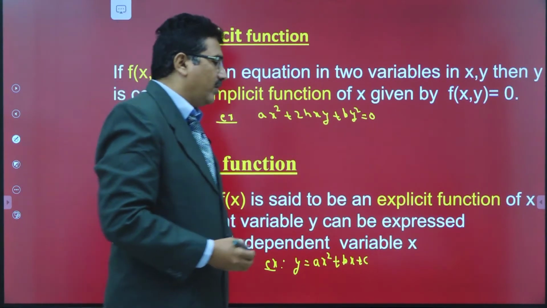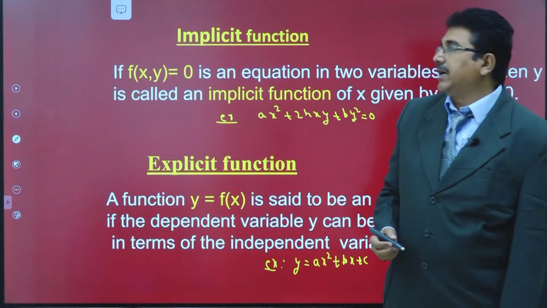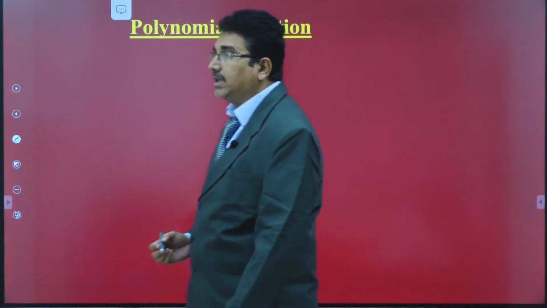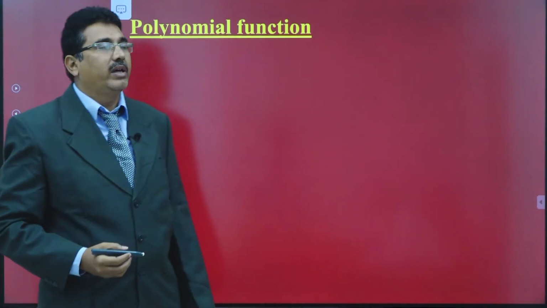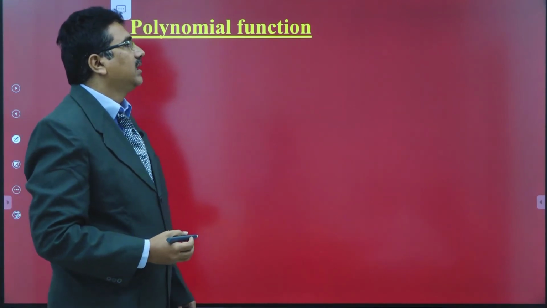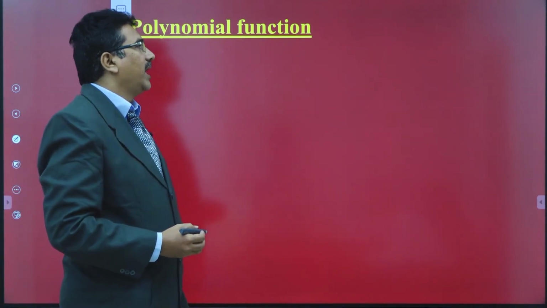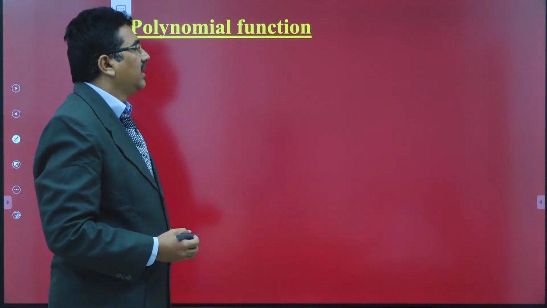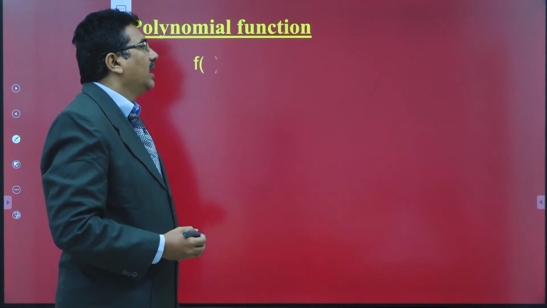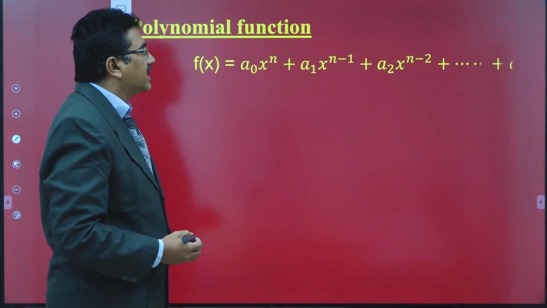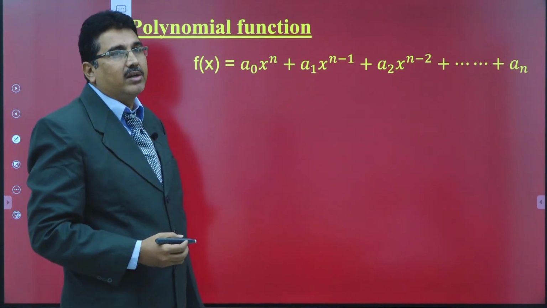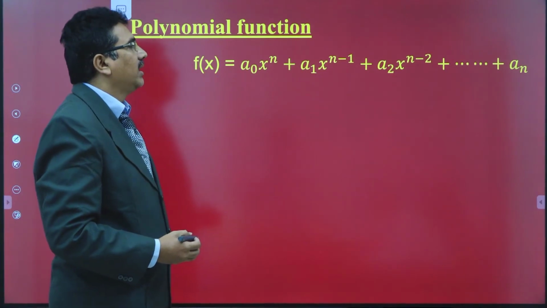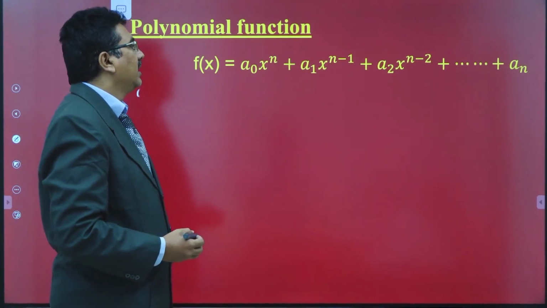Now, the first explicit function is the polynomial function, very frequently used in all areas of mathematics. That is very familiar to all. f of x is of the form a naught x power n plus a1 x power n minus 1 and so on, plus an.